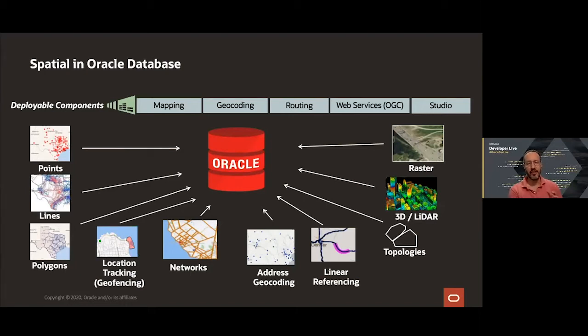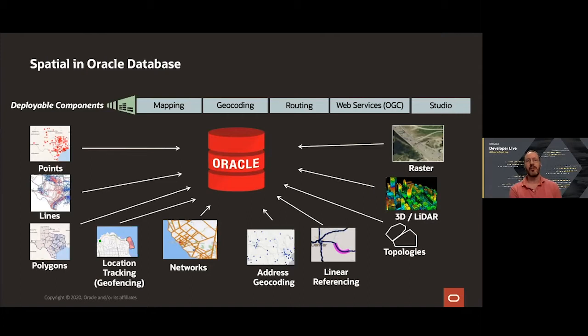We store all the forms of spatial data, both your basic points, lines, polygons, and combinations of those, as well as advanced types like connected networks, linear networks, geofencing, 3D data, and geospatial imagery. We store really all forms of geospatial data natively, with APIs to process and manage that data natively in the database.